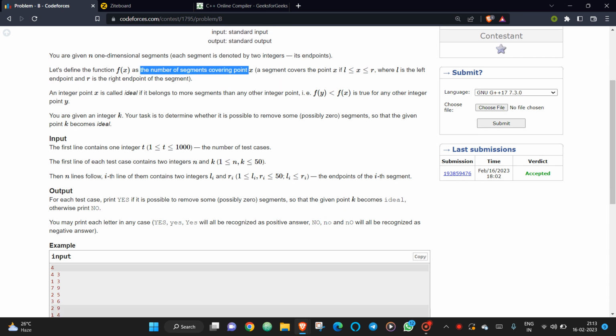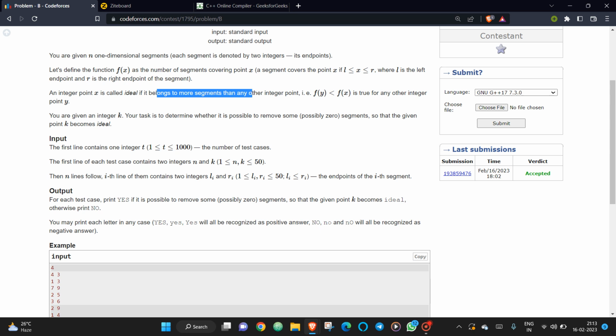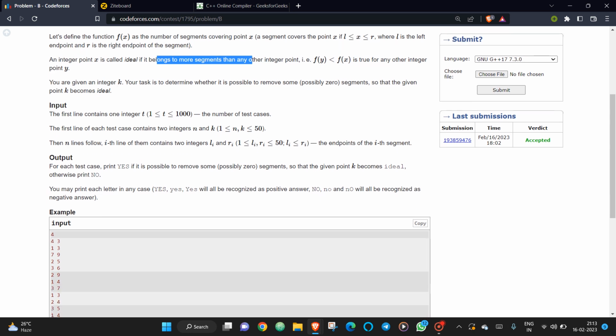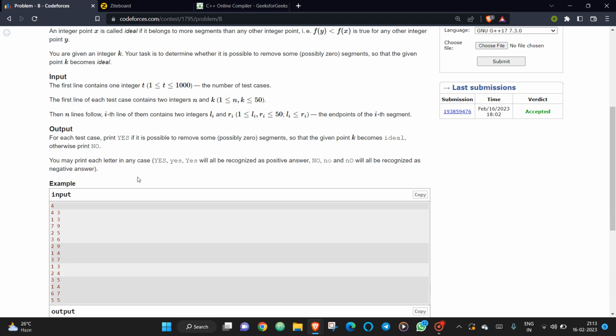An integer point x will be called ideal if it belongs to more segments than any other integer point. You will be given that integer k, and you need to make it ideal. If it is possible, you need to print yes, otherwise you need to print no.